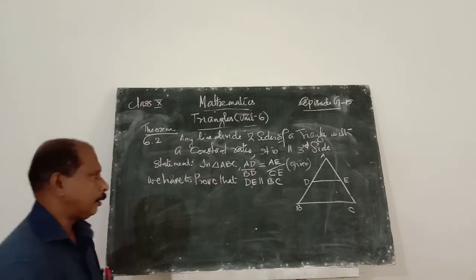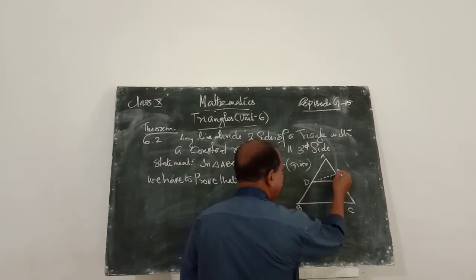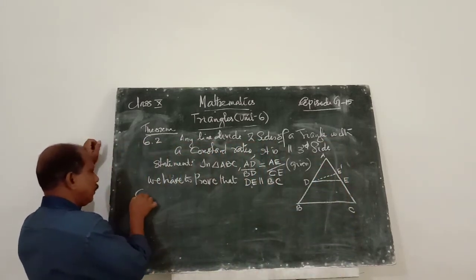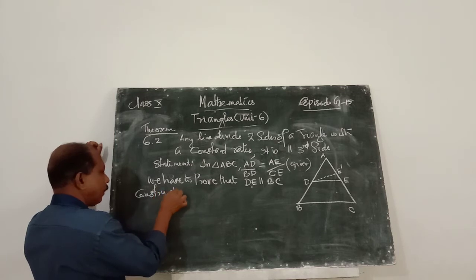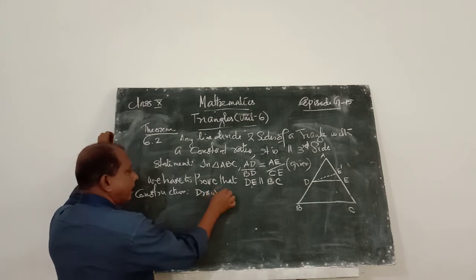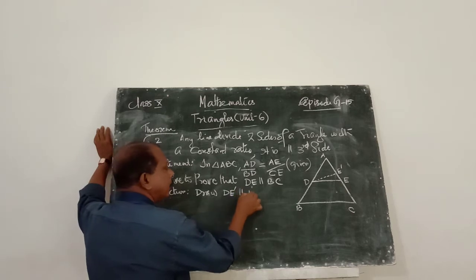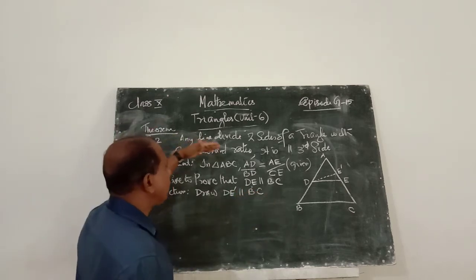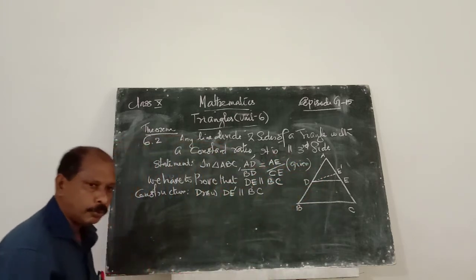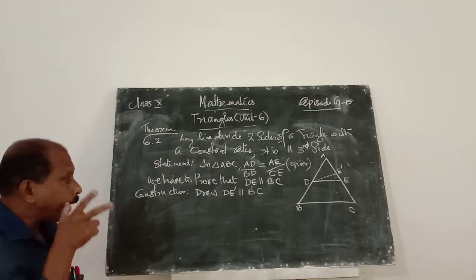For that, this is the construction. Draw DE dash parallel to BC. That means it is not given that DE is parallel to BC; we have to prove that. Therefore, our construction is: draw DE dash parallel to BC.